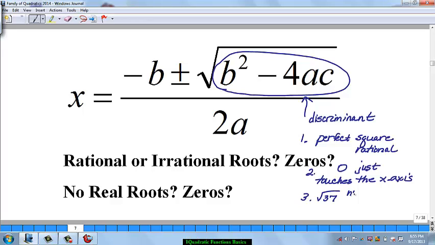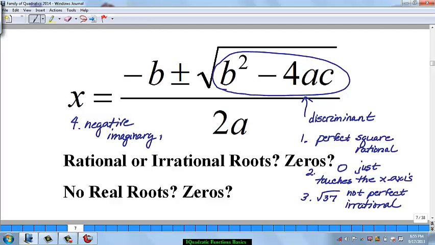If it's not perfect, then I know I'm going to have irrational roots. And the other one that's kind of fun, I'll put this over here, is if you get a negative underneath the radical, that means it doesn't even touch the x-axis and they're imaginary roots. They're not real.